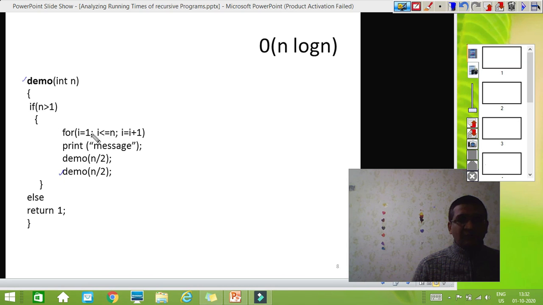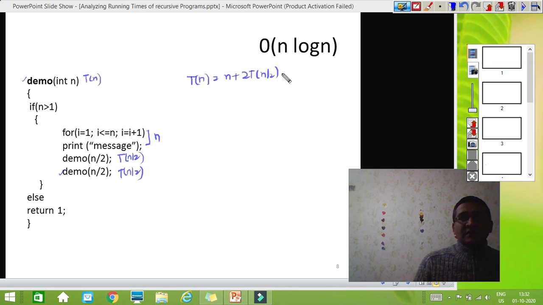So the cost of this operation is n, and this is T(n/2), T(n/2), when we say that this is T(n). So we can write that T(n) = n + 2T(n/2) when n is greater than 1, and when n equals 1, then it is 1. This is how we are going to represent. So let's solve this equation.